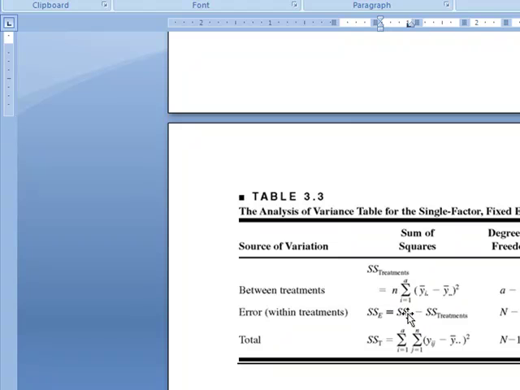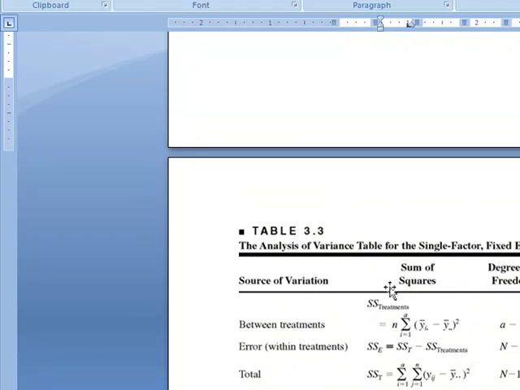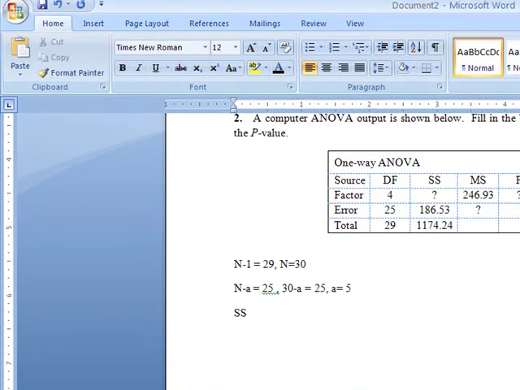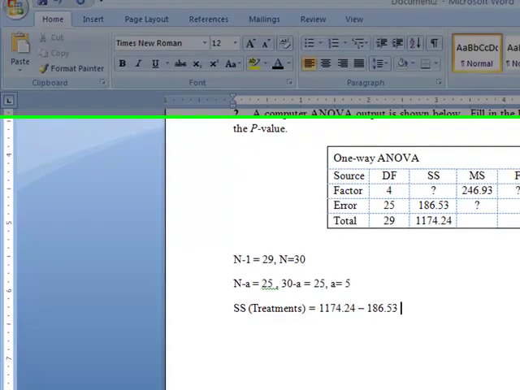So we know SS sub T, we know SS sub E, and SS sub treatments is equal to SS sub T minus SS sub E. So SS treatments is equal to SST, which is 1174.24, minus 186.53, right?